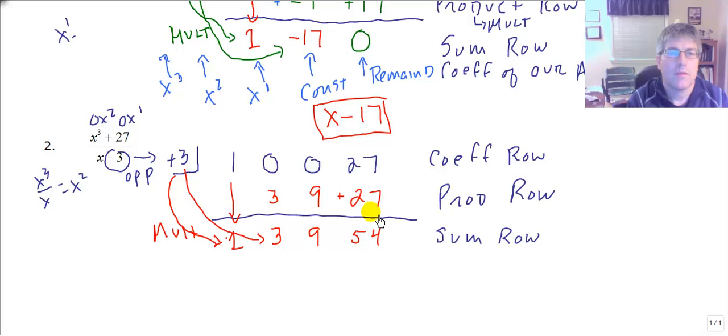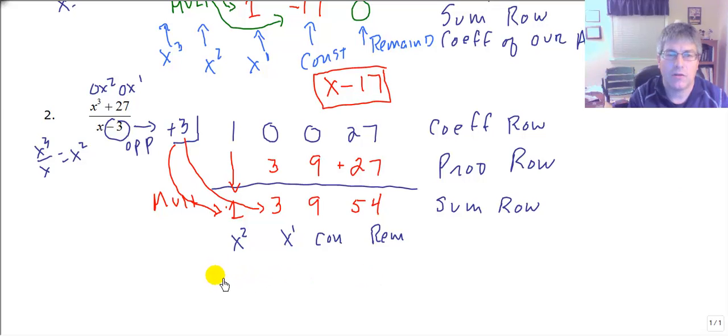So we should know 2 different things. We know that this is our remainder. Our remainder is 54. But don't we also know that the largest degree of our answer has to be x squared? So we should know that that is our x squared, that's our x to the first, that's our constant, and this is our remainder.